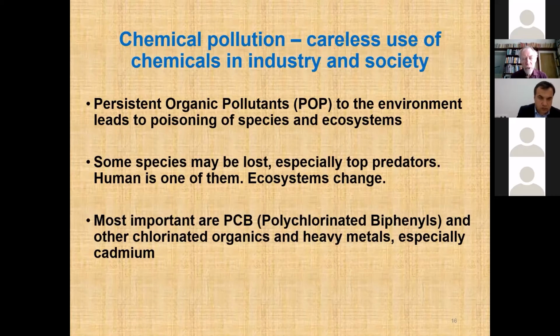Humans are also top predators, you know. I could make a long list of persistent organic pollutants, but I would just mention polychlorinated biphenyls, PCBs. They are produced because of the wide use of chlorinated organics in industry. Heavy metals are also serious here, but of course they are not organic, but they accumulate also.